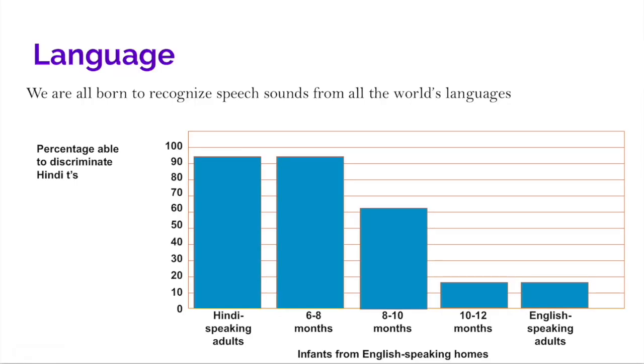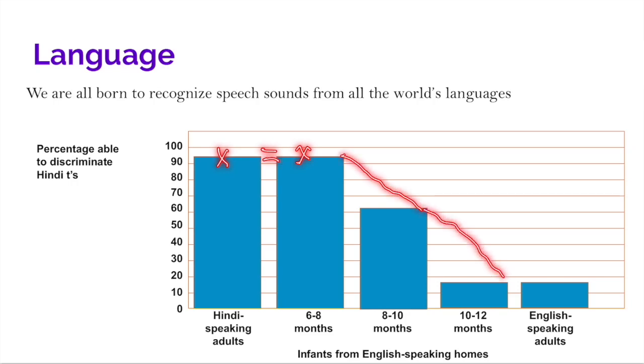Now, like I was saying before, language is much more difficult to learn later in life. In fact, the younger you learn it, the more you can pick up, not only on the language itself, but the different inflections and pragmatics of it. So take the ability to distinguish between Hindi T sounds: Hindi-speaking adults and infants that have been exposed to it very early in life, even later in life when they're grown up, are going to be able to hear tones and different sounds that other native English speakers wouldn't.